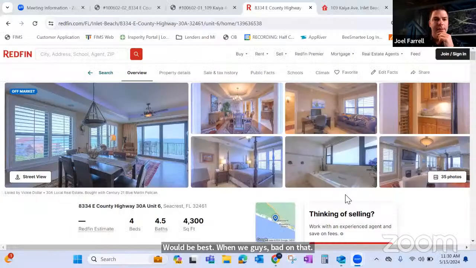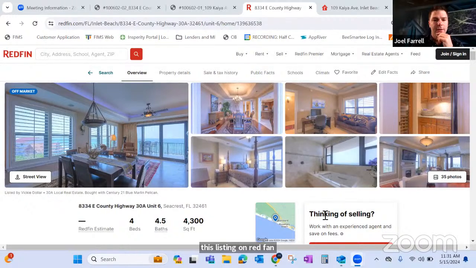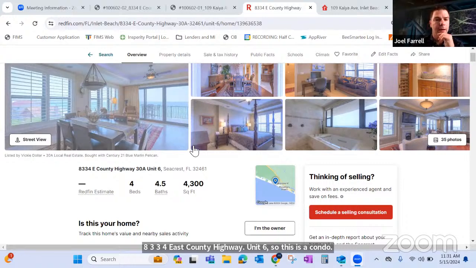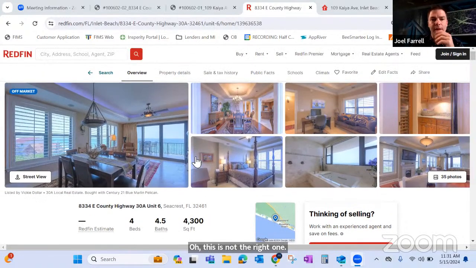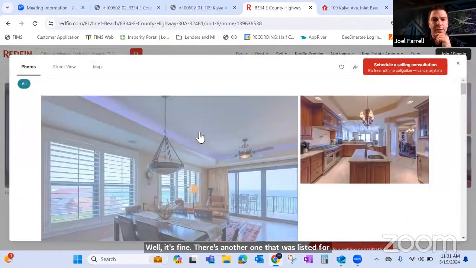So I'm going to share the screen here. Okay. Can we all see this listing on Redfin? 8334 East County Highway, Unit 6. So this is a condo. Oh, this is not the right one. Well, it's fine. There's another one that was listed for $5 million, similar to this, with water views. So let's just use this for $5 million.